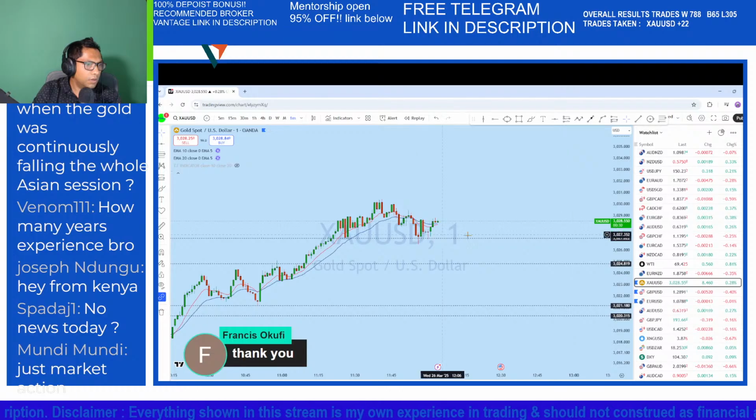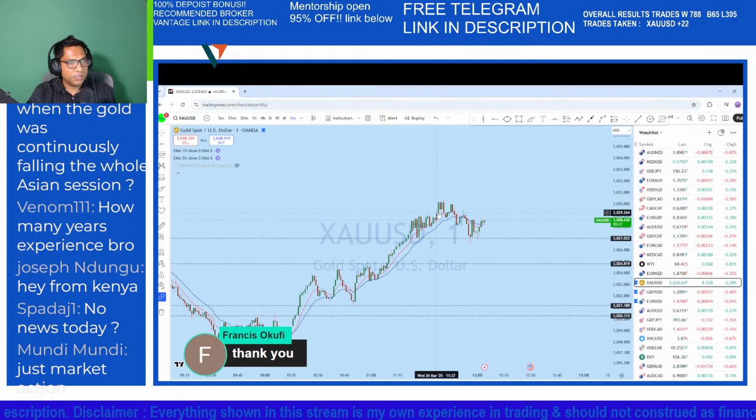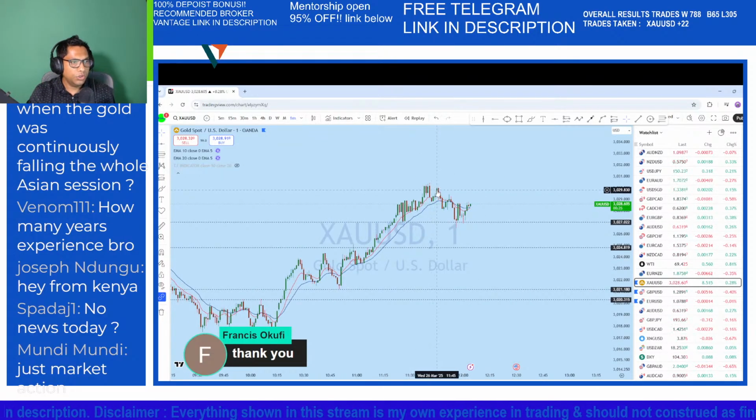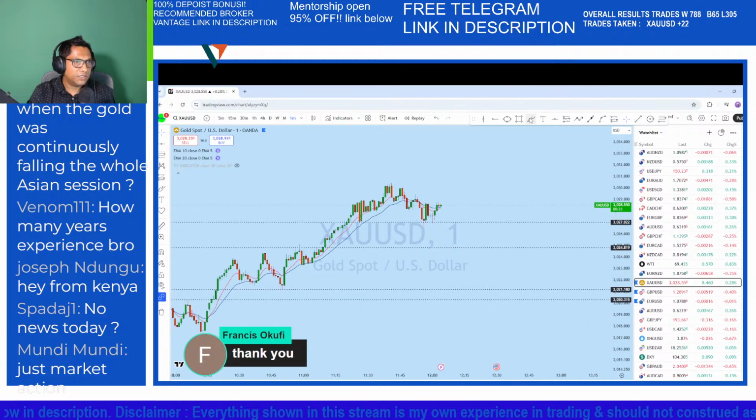Now, after this trend we saw that break of structure to that support level.